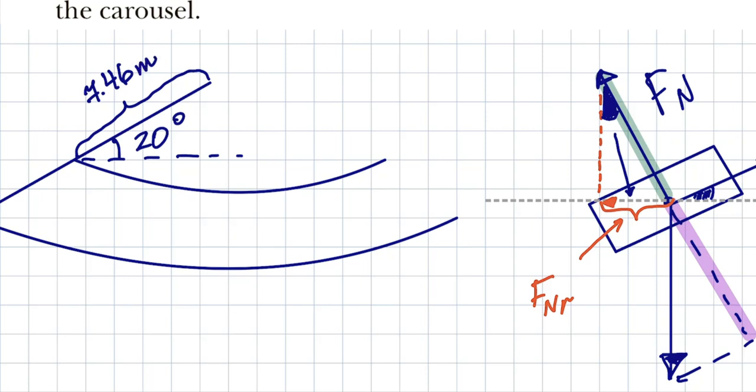Then the radius of rotation right here is going to be 746 times, and what do you know, cosine of 20 degrees. If you put that into your calculator, you will get about 7.0 meters. My first rounding here, it's 7.0 with a tail, whatever.